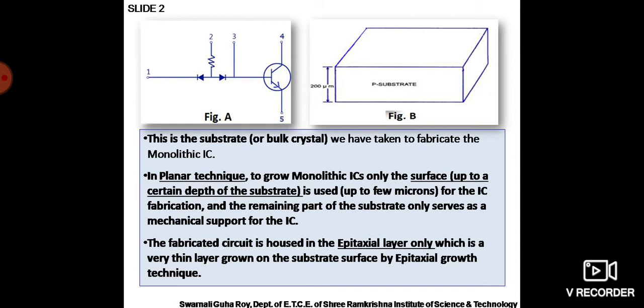So the main point is that the epitaxial layer is an additional thin layer grown on the substrate surface, and the whole IC will be fabricated within this epitaxial layer. I will suggest you draw these two figures on your copy.